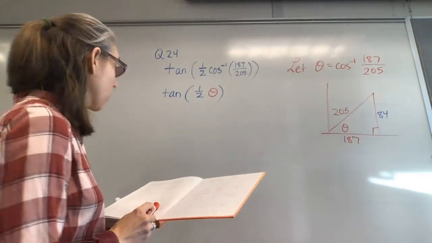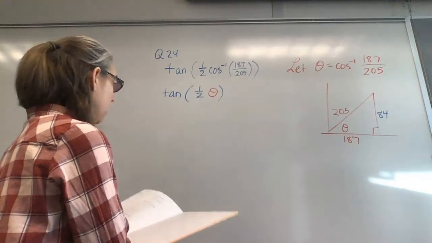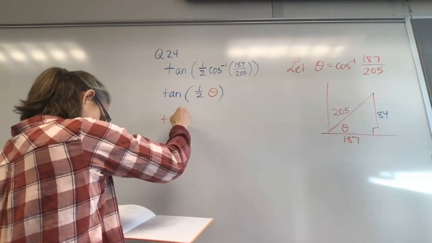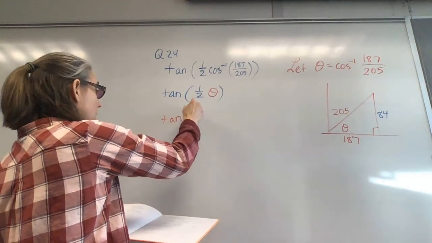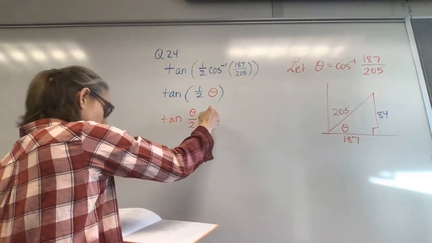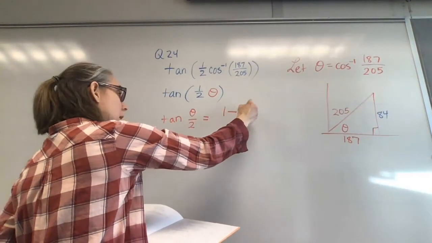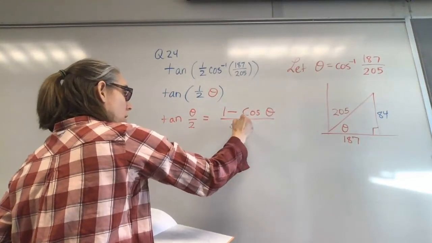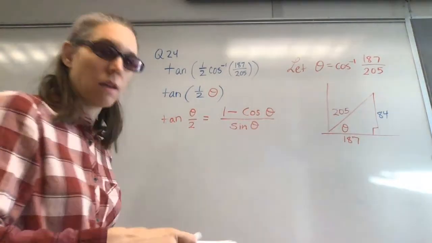So let's go with the third one. I'm going to have that the tangent of theta over 2 is equal to 1 minus cosine theta over sine theta.